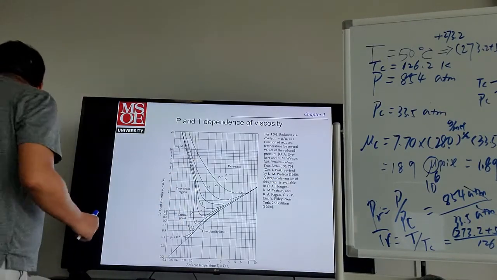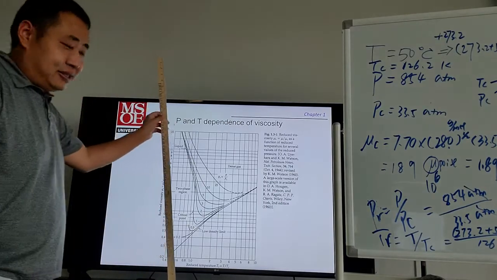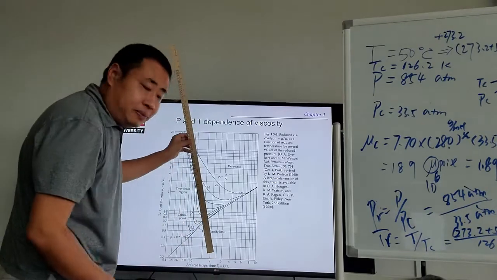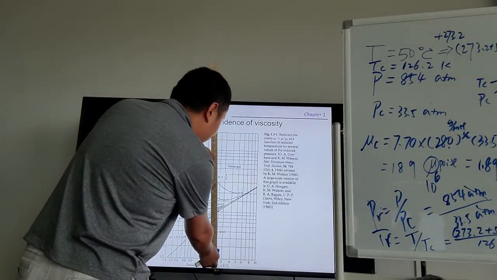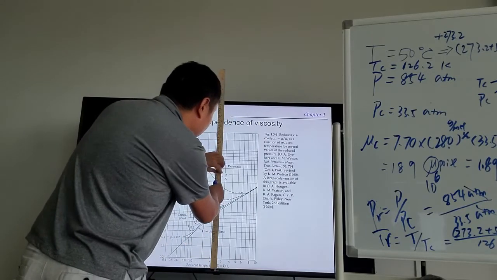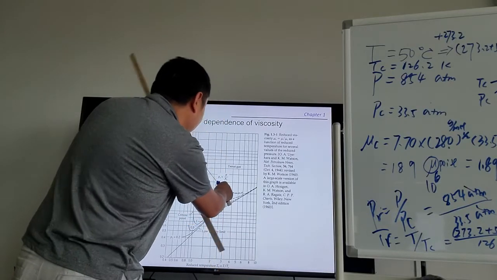Okay, so let me find something. Okay, this is going to be helpful. So let's say this is 2.56. You extend the line, and because the pressure is 25.5, it should be above this curve. So let's say it's here.